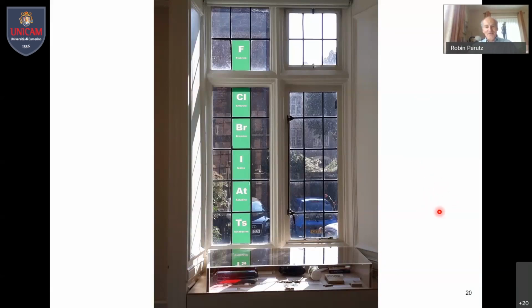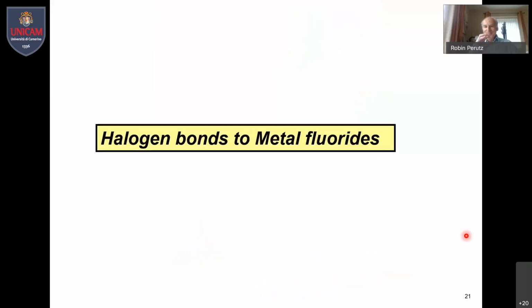This was a beautiful exhibition in Cambridge, and as you can see, the glass had been covered with transparent stickers for the halogens, including... How many of you know what that is? TS, Tennessine. If I've got it right, most of us can get as far as astatine, but not beyond. So, halogen bonds to metal fluorides.